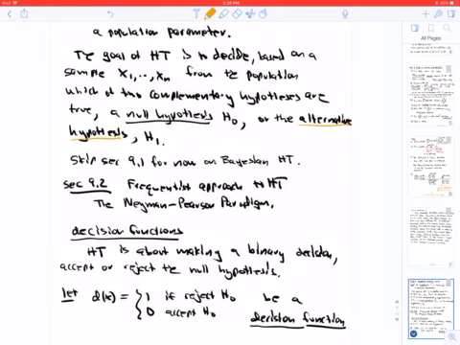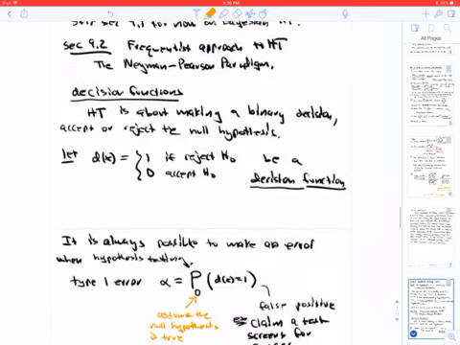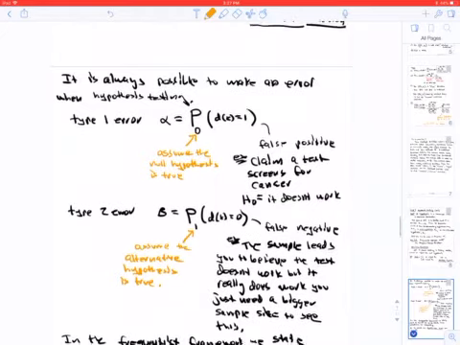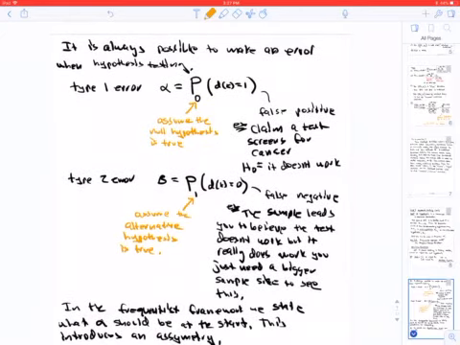And so we'll just skip Bayesian hypothesis testing in 9.1 for the moment. We'll come back later. Section 9.2 is the frequentist approach called the Neyman-Pearson paradigm. And we start with a decision function, which is basically a 0-1 function, whether to accept or reject the null hypothesis.